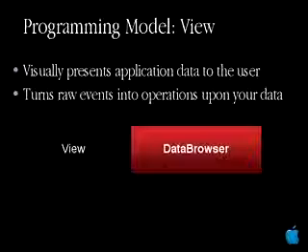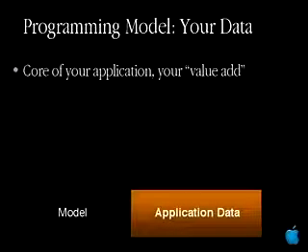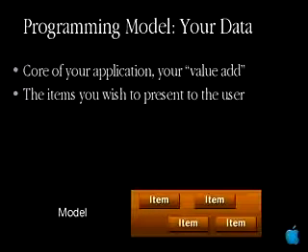And it talks to your application data, which is the real value add of your application. It's what makes your application unique. And it stores the items that you want to present to the user. Again, you're in charge of the data storage, and the management, the caching, and whatever you need to take care of there. Now, how do you get those items into the data browser so they're displayed?